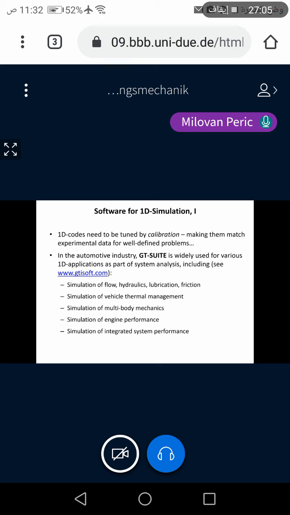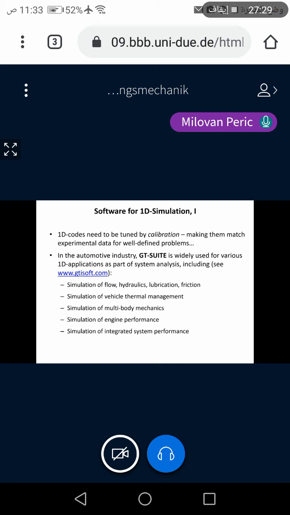These 1D codes, they all require calibration. We talked last time about errors, and as you can imagine, in these one-dimensional codes, modeling errors dominate. But you could also say discretization errors, because it's typically only one control volume per pipe.